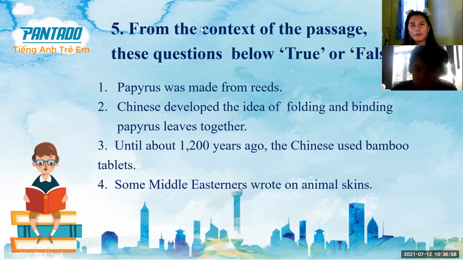Okay, this time, from the context of the passage, you will tell me true or false based on the statement. Number 1, papyrus was made from reeds, the plant reeds. What do you think, Ben? Let me think.